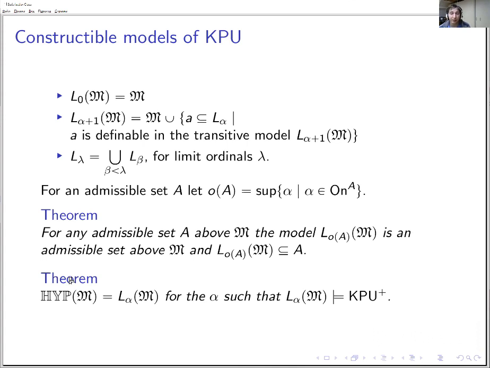So if you start with some model of Kripke-Platek set theory, then you could have a constructible universe inside it. The constructible universe inside a transitive model of KPU is simply L alpha, where alpha is the ordinal of this admissible set. So basically, it's the restriction of the constructible universe up to the height of your admissible set.